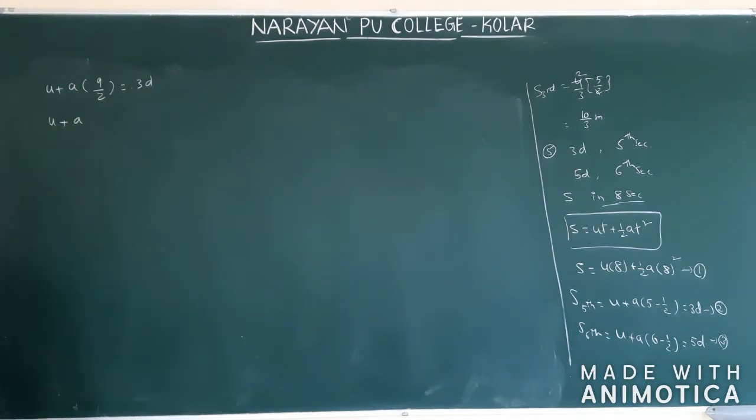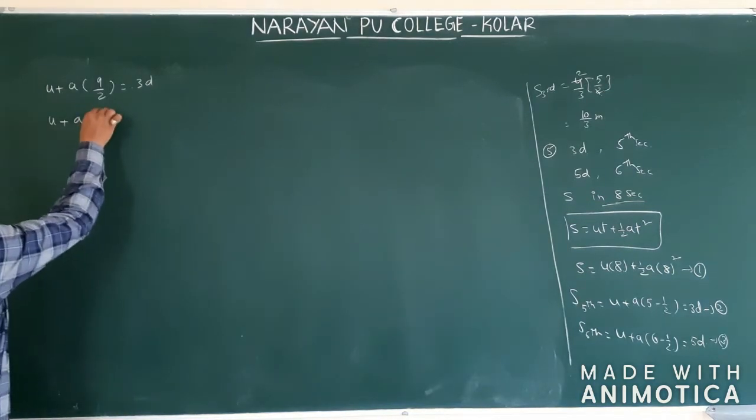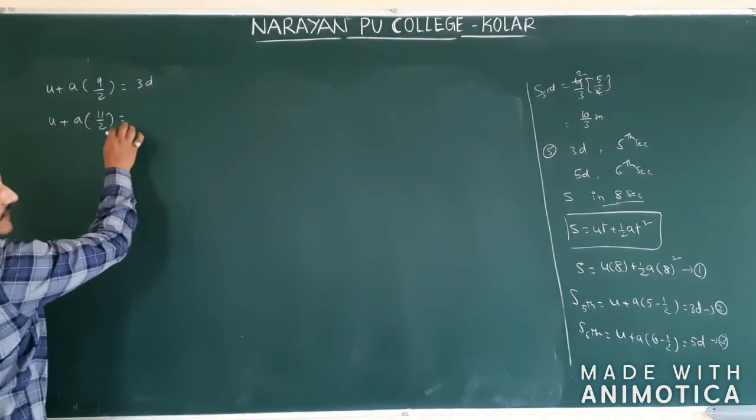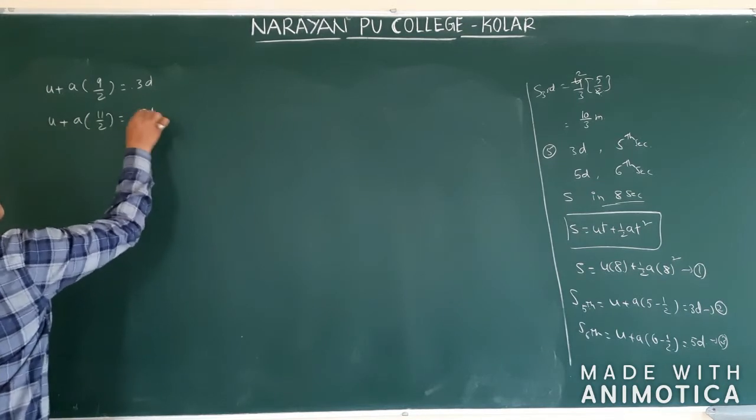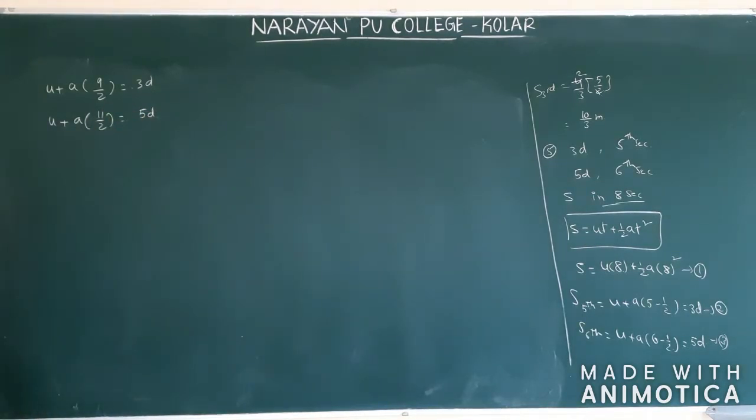U plus a into 6 minus 1 by 2. 6 only, they give the 6th second. Therefore, 6 2s are 12, 12 minus 1 by 2, that is nothing but 11 by 2 is equal to 5d. So we want u and a. Two equations, two unknowns.